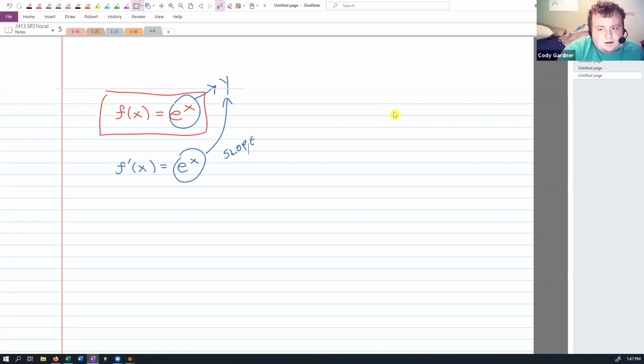So does that mean that all of the ln functions, all their slopes are just equal to the x value? Wait, say that again? Like the inverse of this, since this is equal to the y, is that just equal to the x? Are you talking about the slopes of the tangent lines on the natural log?